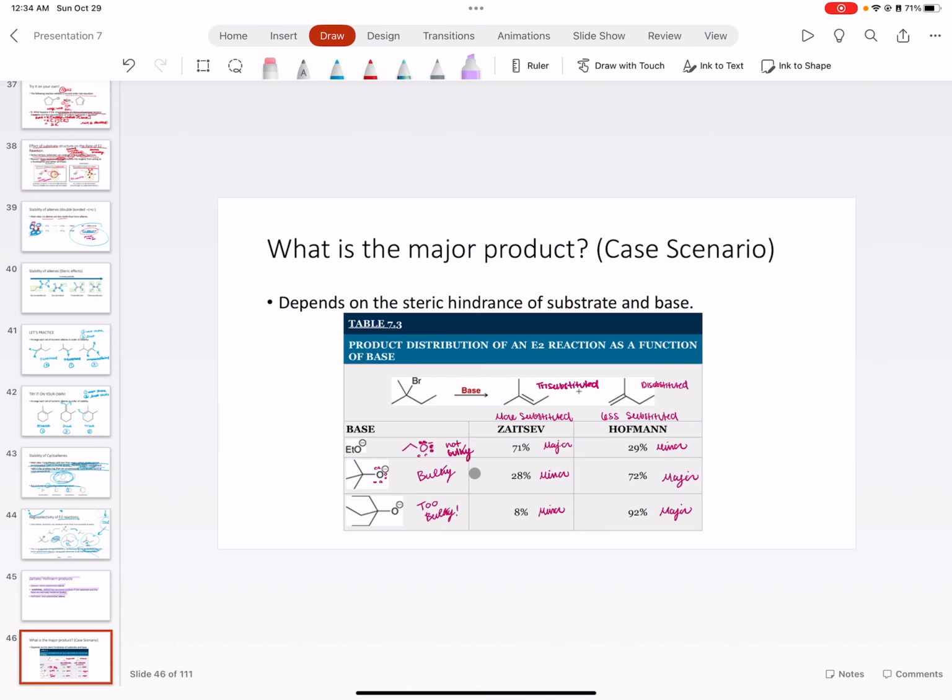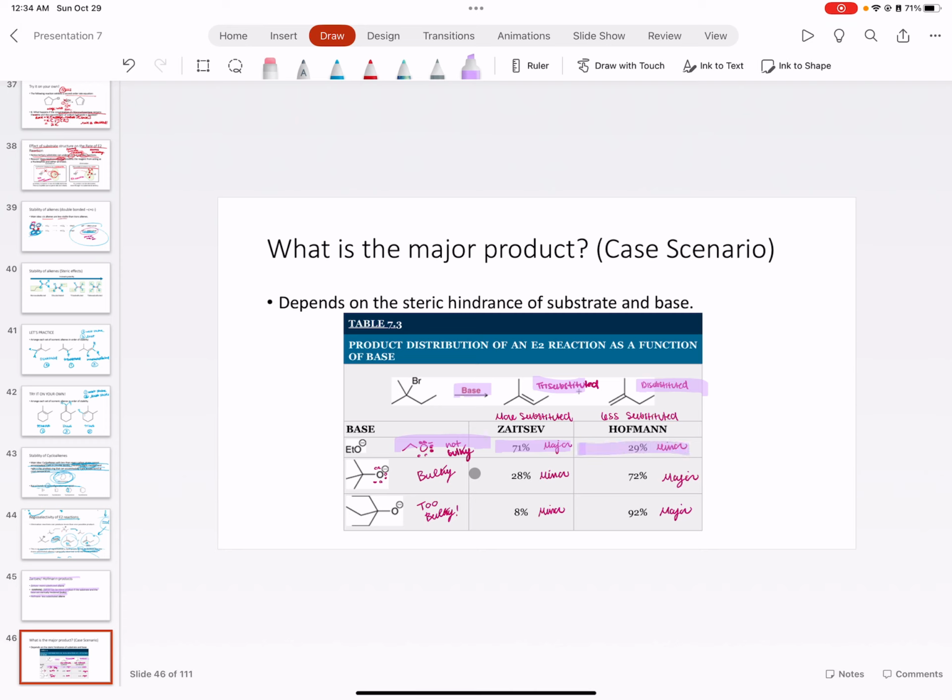So then the thing is that we have in here our base, okay? And we have two products from here. We have a trisubstituted and then we have a disubstituted. So when our base is not really that bulky, then our major product is going to be the more substituted, and our minor product is going to be the less substituted.